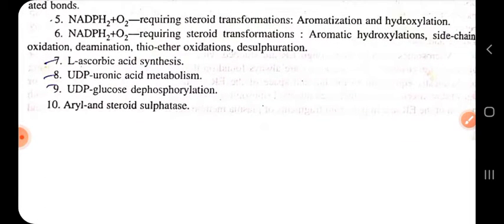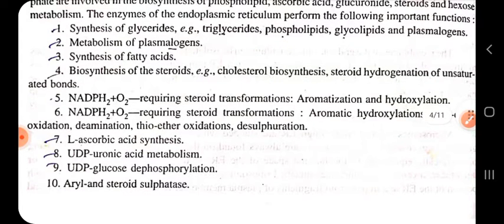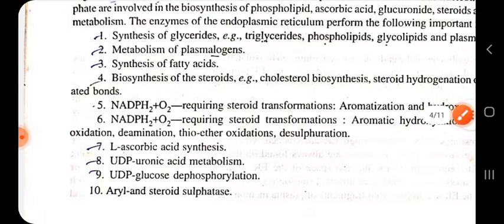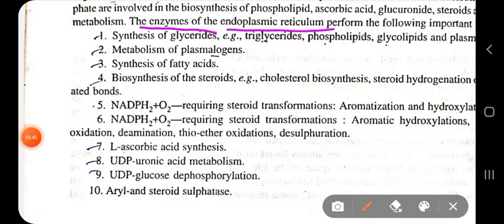Then UDP uronic acid metabolism, UDP glucose dephosphorylation, and aryl and steroid sulfatase. So different types of functions are done by these different enzymes which are found on the endoplasmic reticulum.